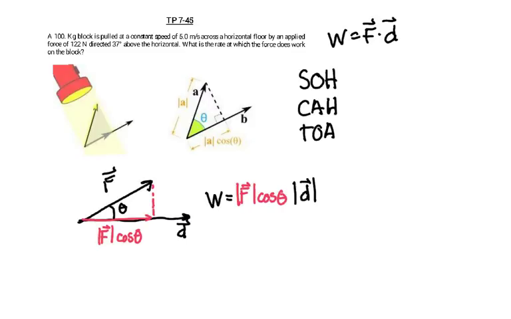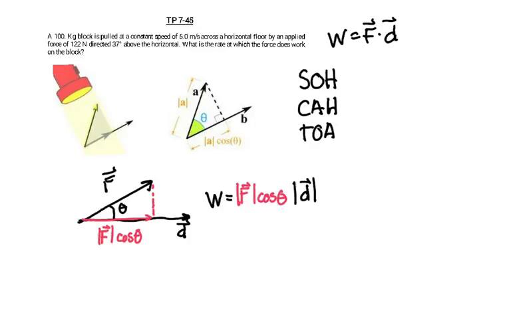Alright, so hopefully you took a second to take a stab at rewriting our work function in terms of magnitudes and angle, and this should be what it should look like. So here we have our force vector and our displacement vector in black. And as I project my force vector onto my displacement vector, which I have shown in red, I have the adjacent component, using my cosine, times the magnitude.